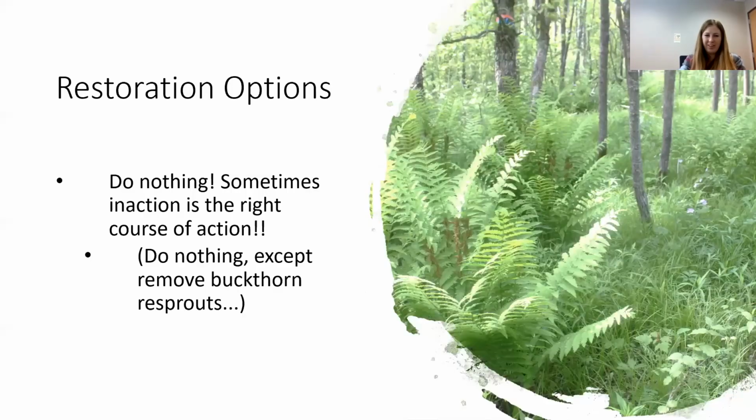I mentioned earlier you could do nothing after removing the buckthorn, the initial infestation. Perhaps you have a really cool native seed bank, but chances are it could probably use a little bit of help.